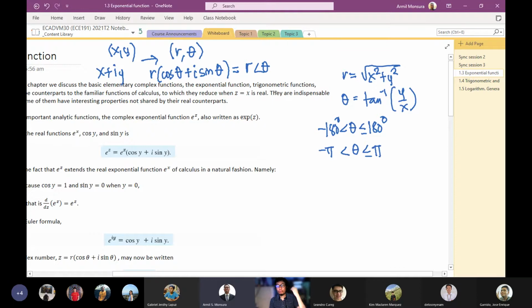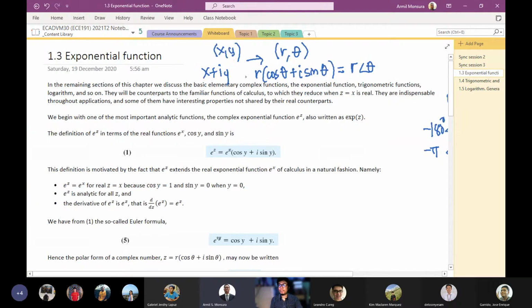Now we will discuss the third form of your complex number, which is known as the exponential form of the complex number.